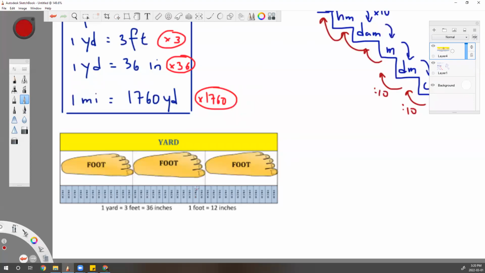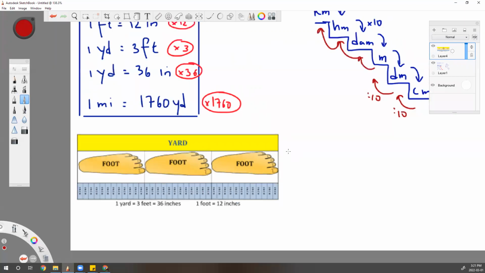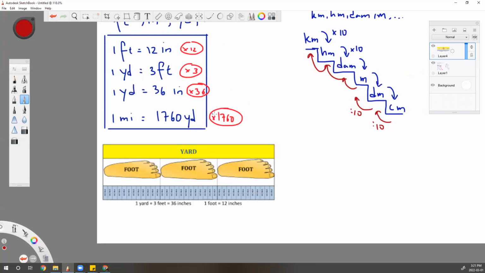This is 1 inch. 1 foot is 12 inches, and 1 yard is 3 feet. So 1 yard, how many inches? 1 times 3 times 12, so 1 times 36. That's the way you think. And 1 mile is 1,760 of these yards.